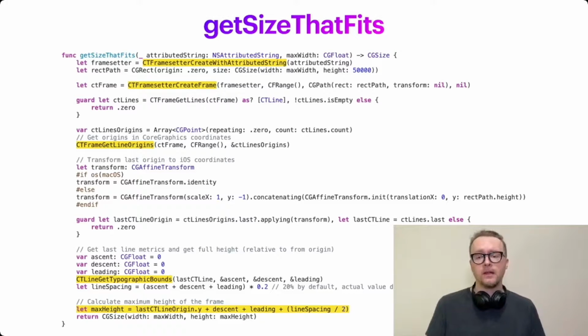Then I calculate lines my way, with the typographic bounds and 20% of line spacing, and I go over all the lines, and at the end I have the last line position. This is how I calculate the size. You will probably need that kind of function when you build a table view with automatic height or sizing or something like that. So I found it interesting.